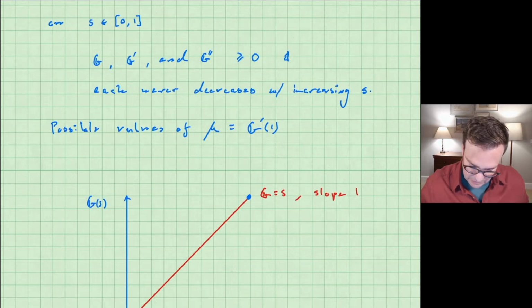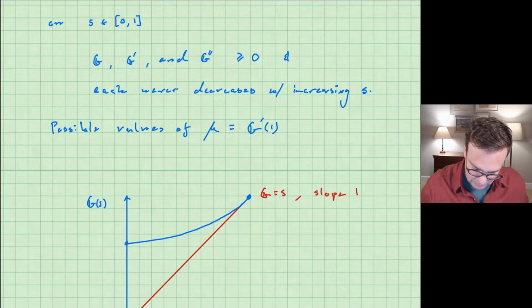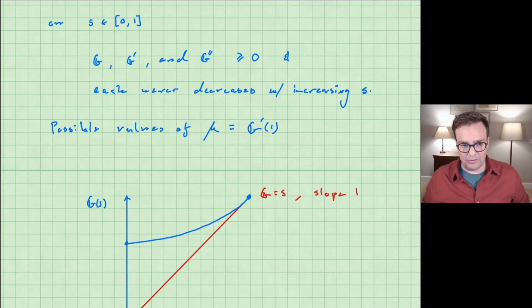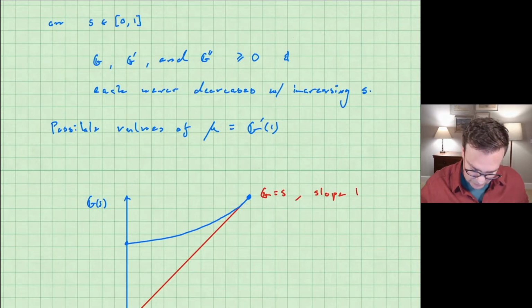So if you leave from here with a slope of at most 1, and everywhere you go the slope gets smaller, you end up somewhere over here. You hit the line over there. This is case 1 and 2. They look like this.